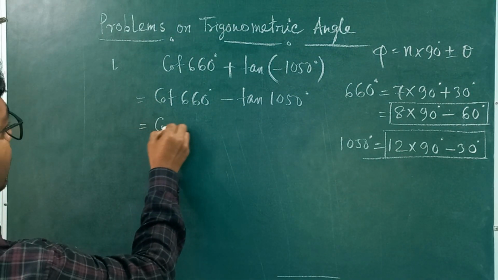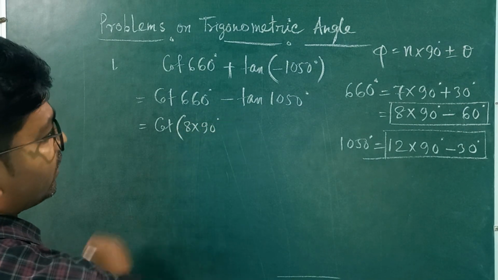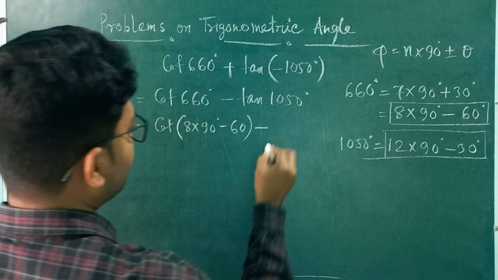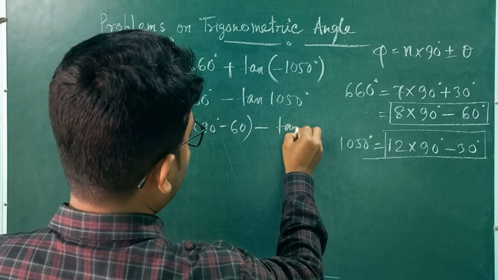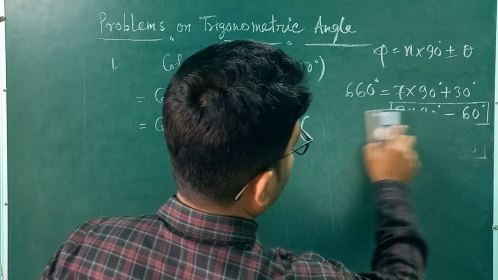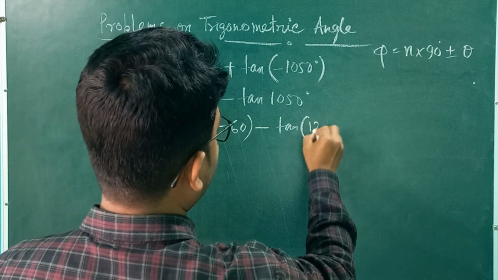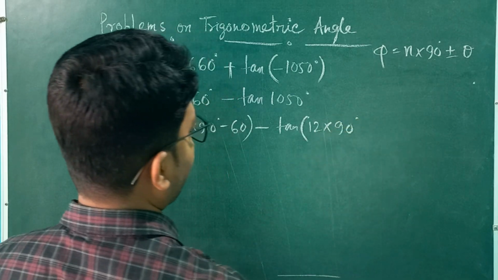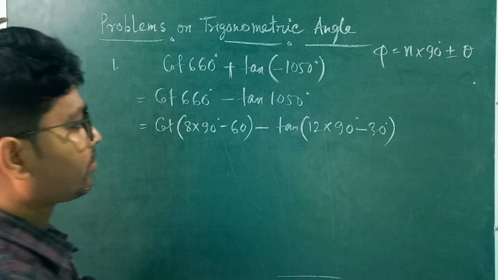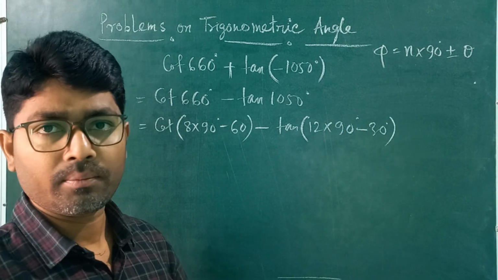So you write here cot 8 into 90 minus 60 minus tan of 12 into 90 minus 30 degree.